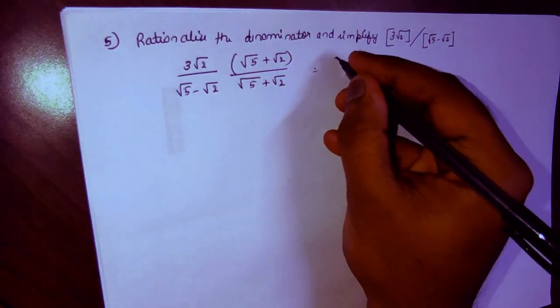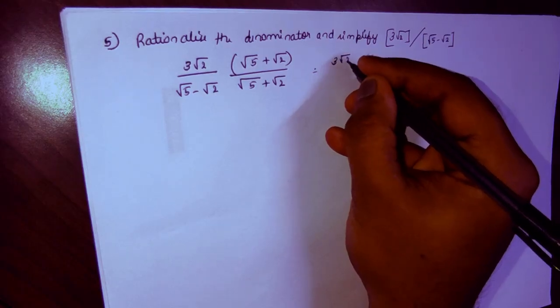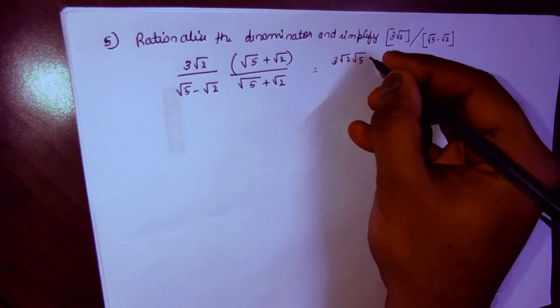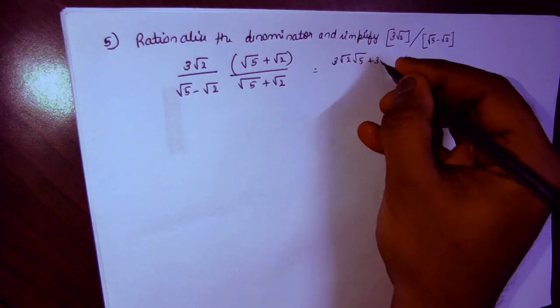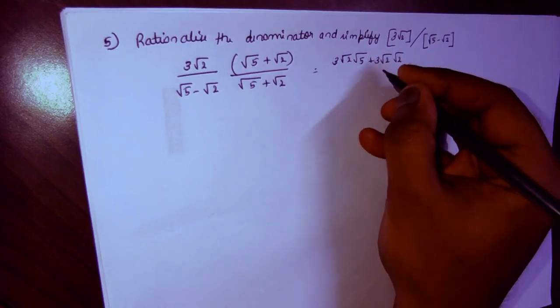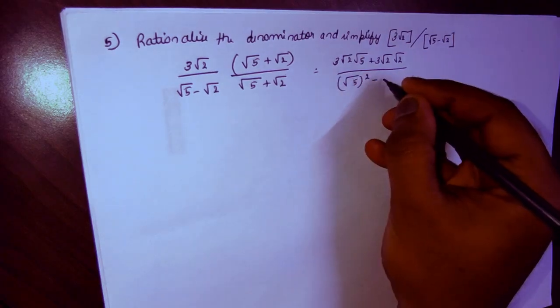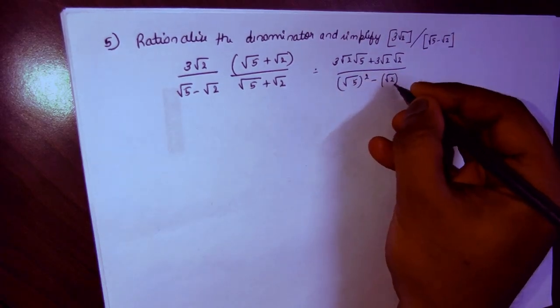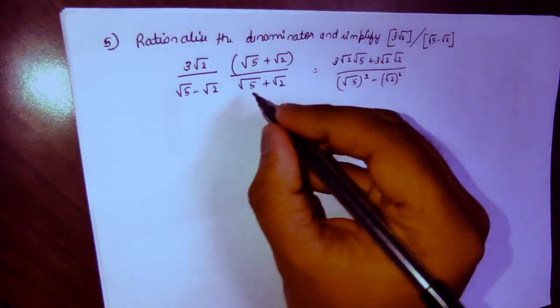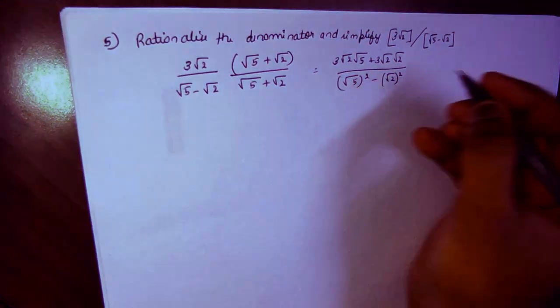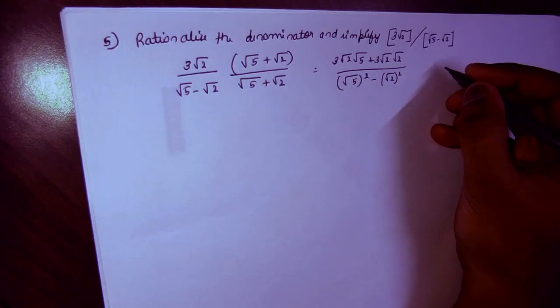This gives 3 into root 2 into root 5 plus 3 into root 2 divided by root 5 whole square minus root 2 whole square. This is because of the formula a plus b into a minus b, that is equal to a square minus b square.